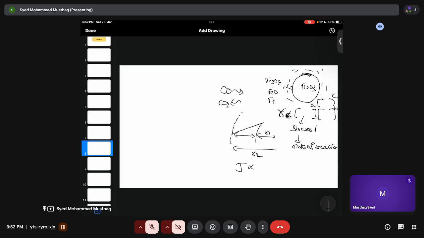So you can avoid this by purging more and more carbon monoxide. That means the concentration gradient is so steep that once the carbon monoxide comes there, it will directly go away from it. Because the gradient is so steep, the rate of flux will be very fast. So you are trying to eliminate this gas interface layer.